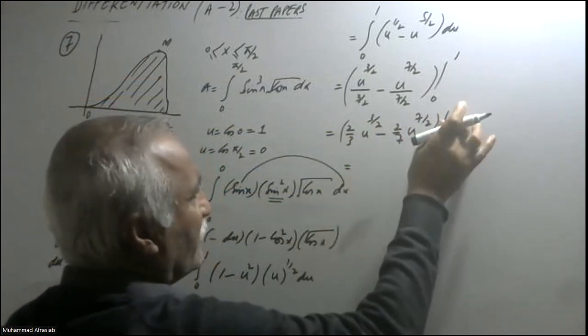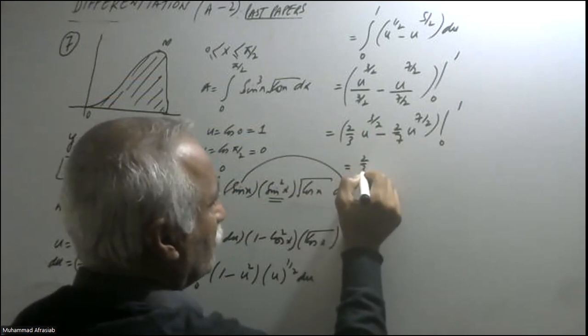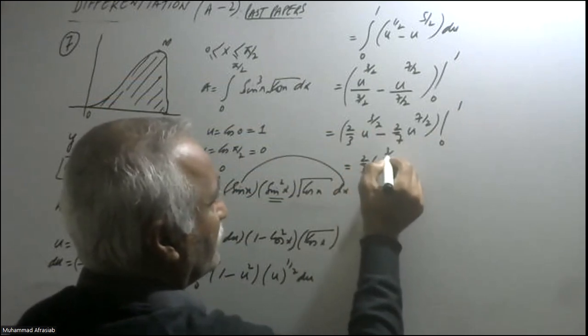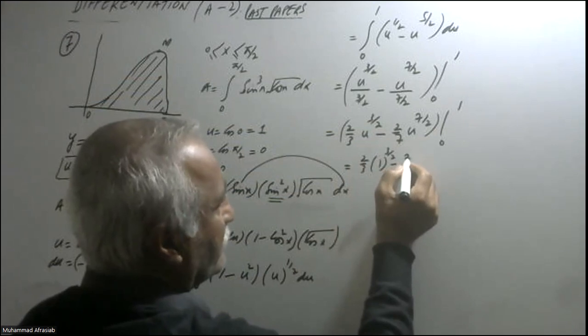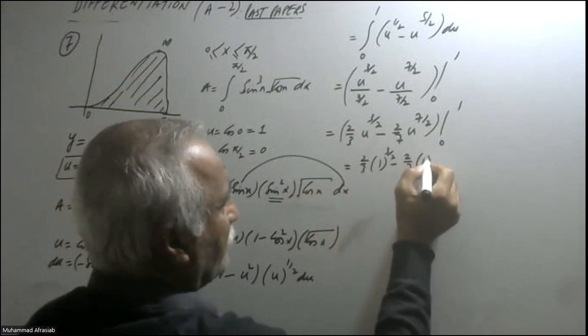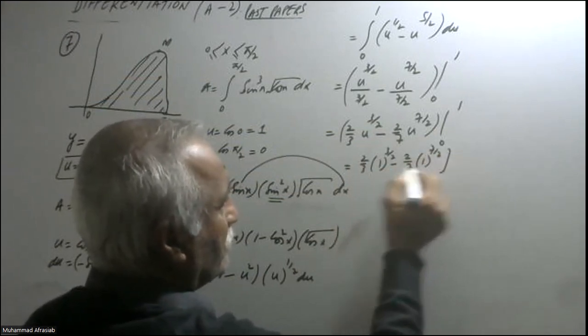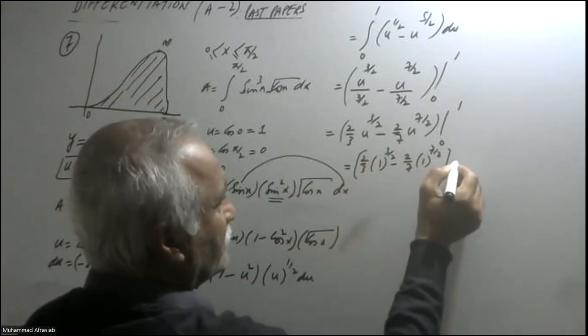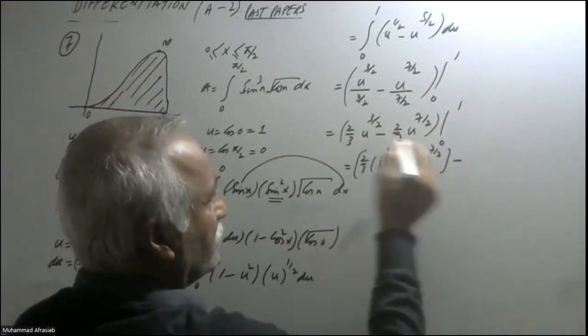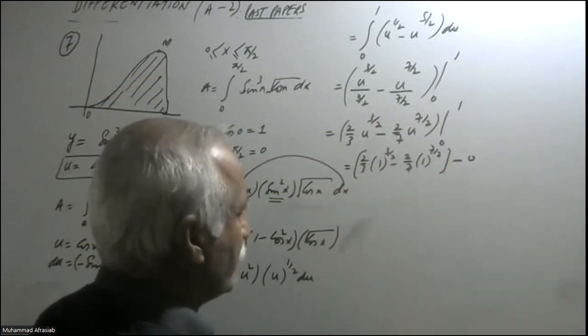Now we put the upper limit first. It should be 2 by 3 into 1 power 3 by 2 minus 2 by 7 into 1 power 7 by 2, minus, with u as 0 there, that value will be equal to 0.